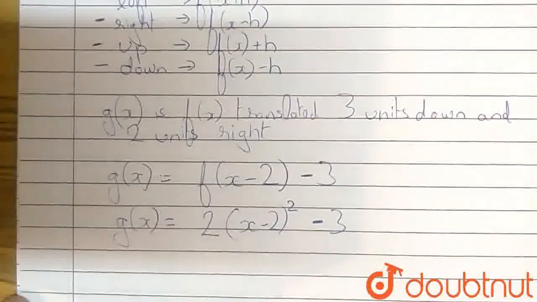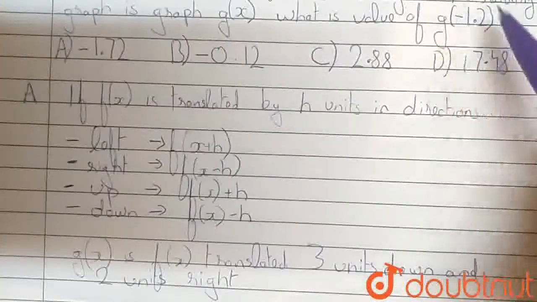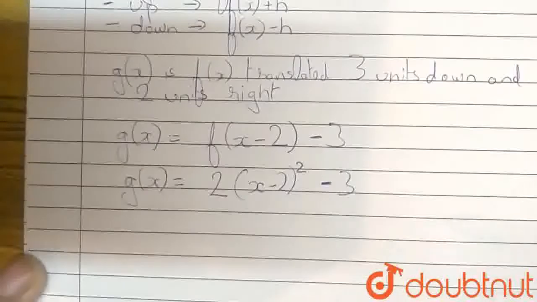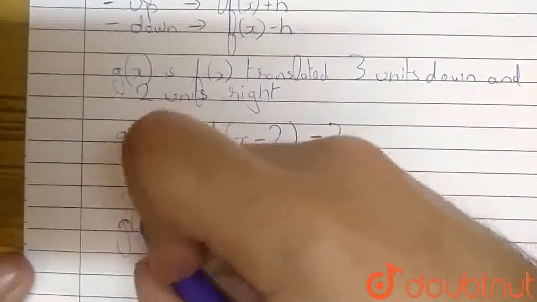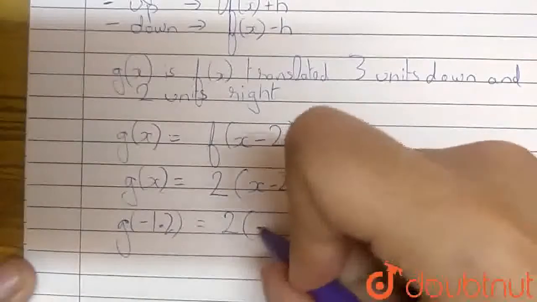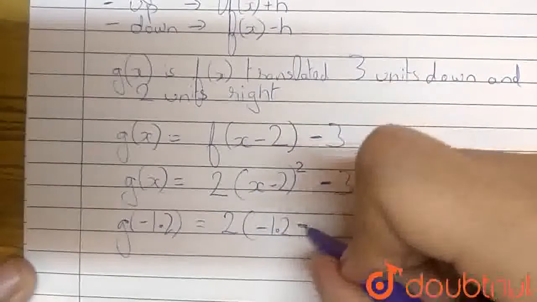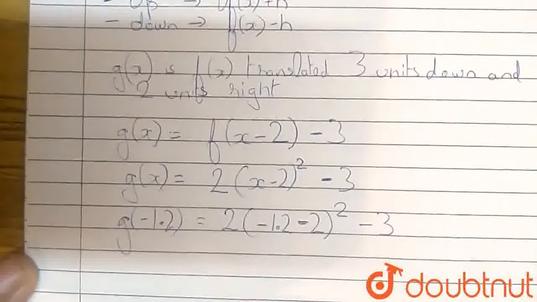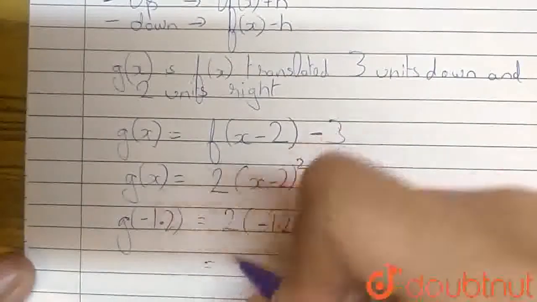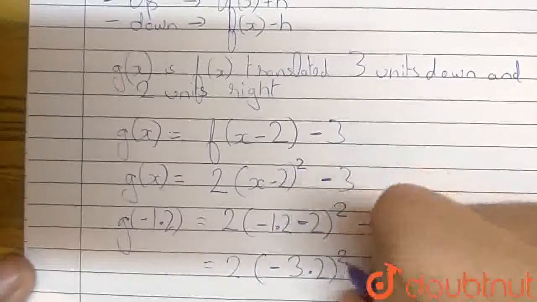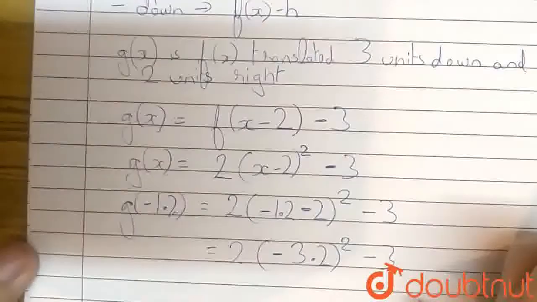So now that we know the value of g of x, we can simply put in the value minus 1.2 and find g of minus 1.2. g of minus 1.2 will be equal to 2 times minus 1.2 minus 2 square minus 3. So this is equal to 2 times minus 3.2 square minus 3.